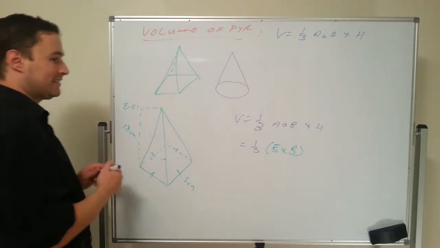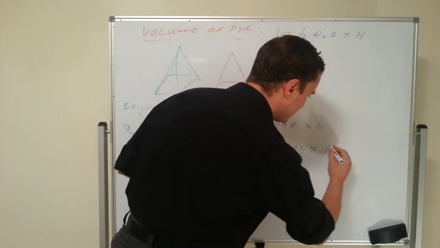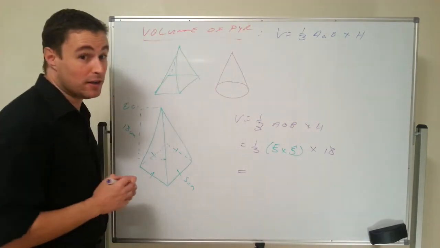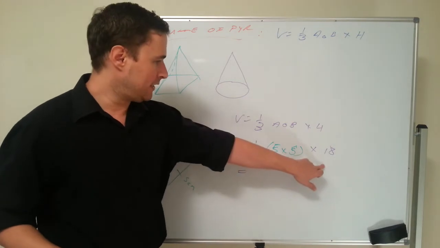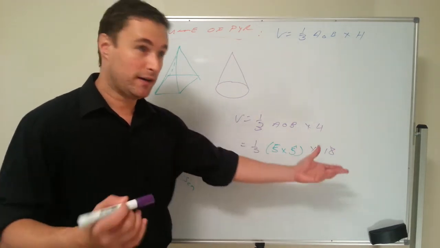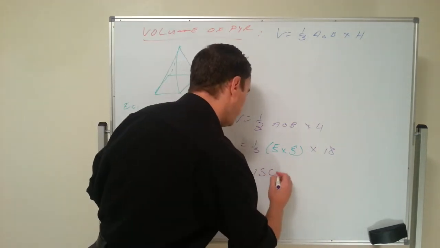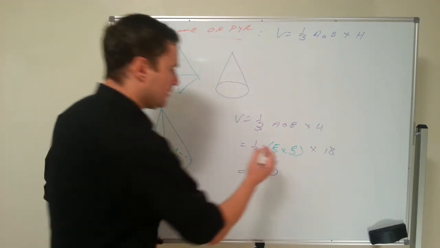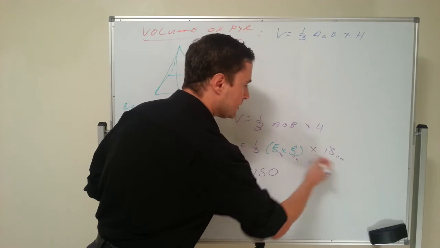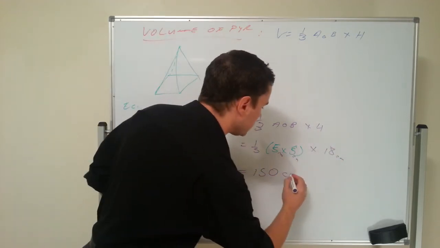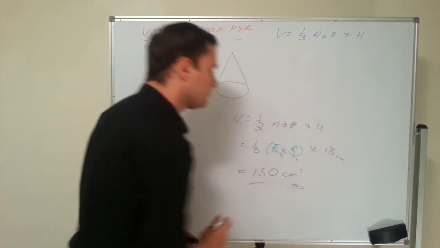My height in this case is 18 centimeters, times 18 centimeters. So 5 times 5 is 25. 1/3 of 18 is 6. 6 times 25 is 150. 150 what? Centimeters, so that's centimeters cubed. Centimeters cubed. You with me?